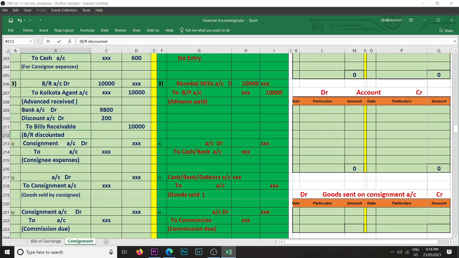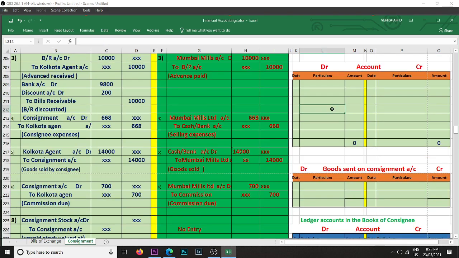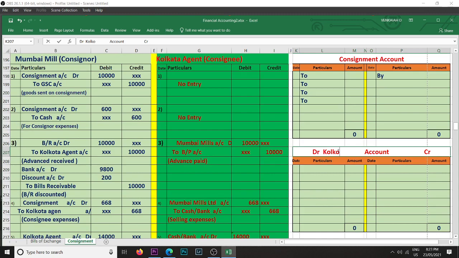Now we have to record these entries in the books of consignor. Consignor books have three ledger accounts. One is consignment account. Another one is consignee account. Consignee name is Kolkata agent. So you check with the journal entries, I will post. Consignment account debit to goods sent on consignment.